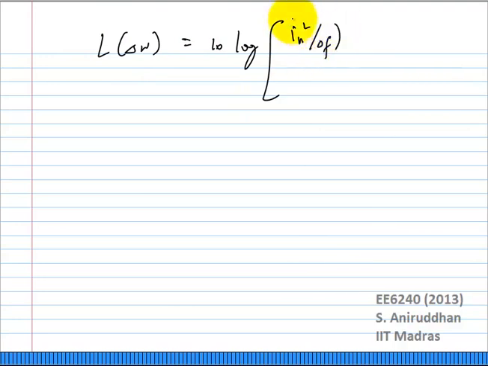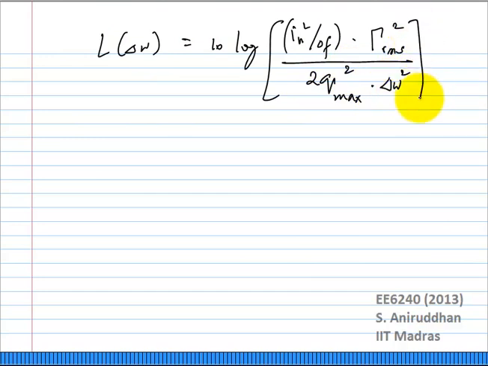So the actual expression for this phase noise will end up being 10 log of In squared by delta f times gamma RMS squared over 2 q max squared times delta omega the whole squared.